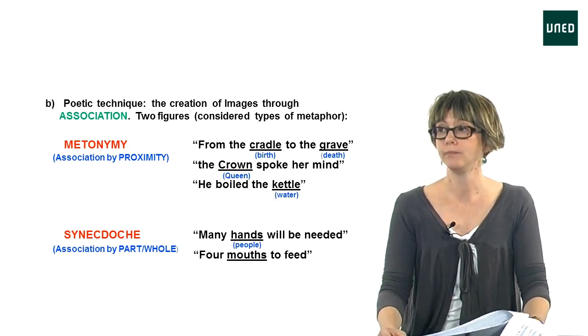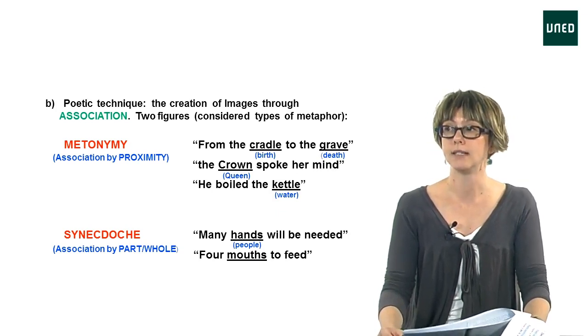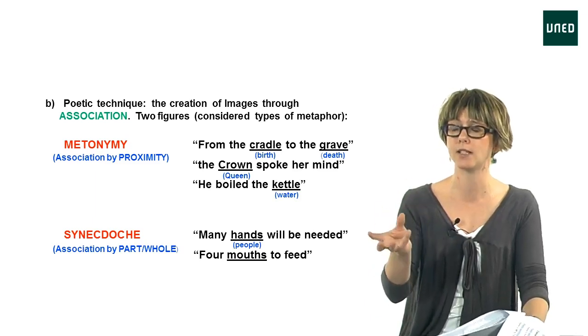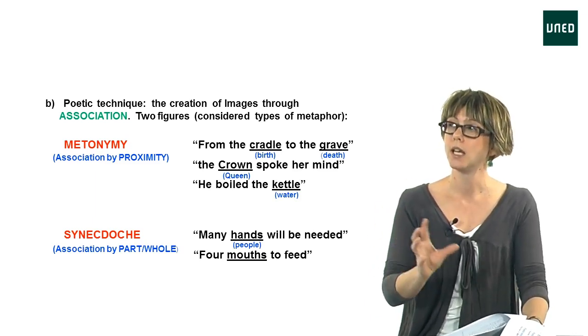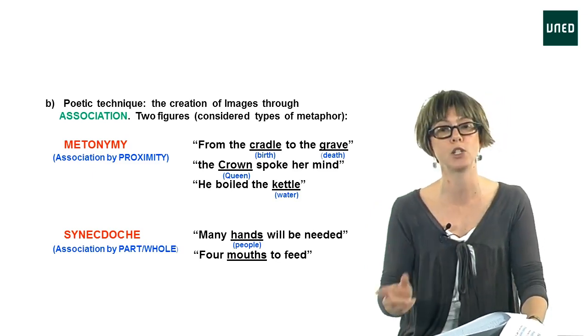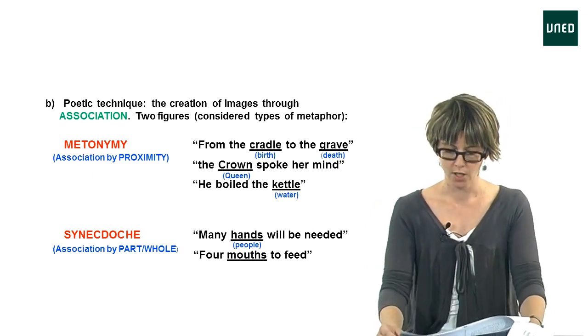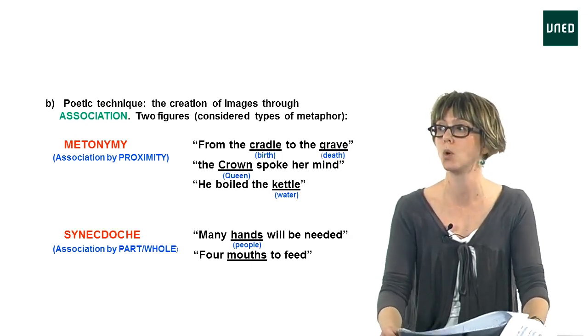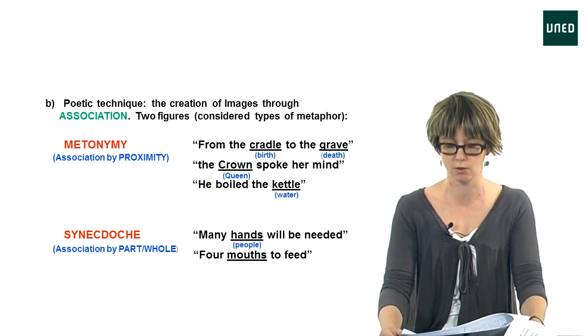The next figure, synecdoche, associates the terms in the creation of the image through the relation of part and whole. We have the line here, many hands will be needed, or 4 mouths to feed, okay?